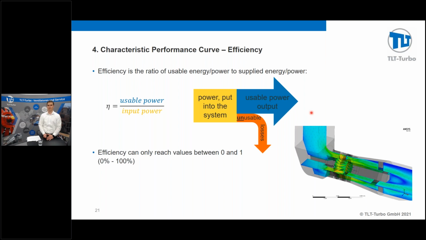That may not be something new, but it's also obvious that efficiency can only reach numbers between 0 and 100%. So that's an important parameter to characterize the performance of our fan, whether the energy transformation is done quite efficiently or whether there are a lot of unnecessary losses.